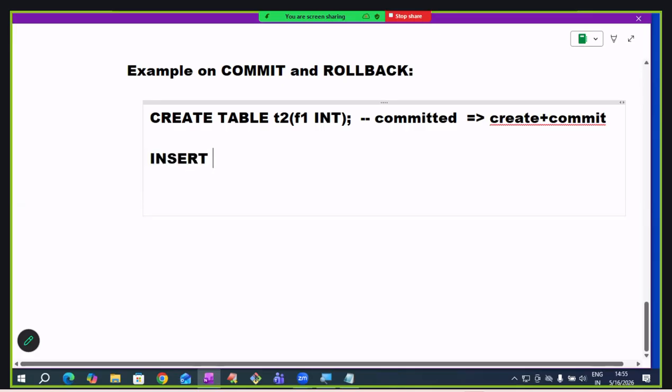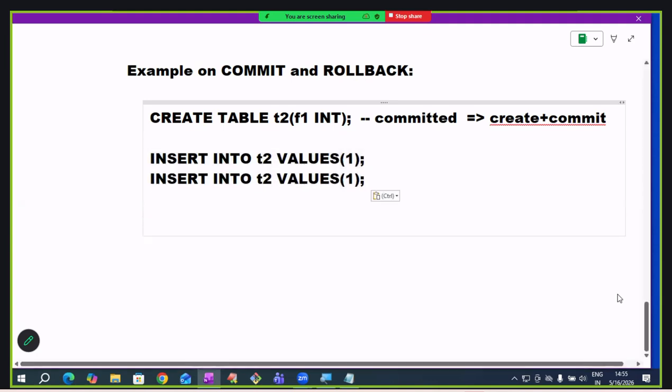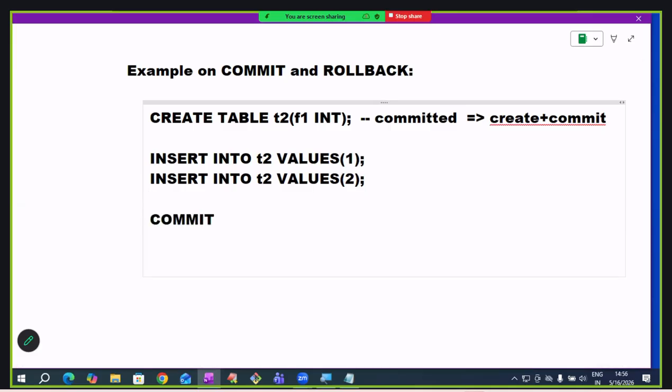Now I'm inserting some records here. Insert into T2 values 1. One more record, 2. After this, I'm writing commit. Understand what is happening here?